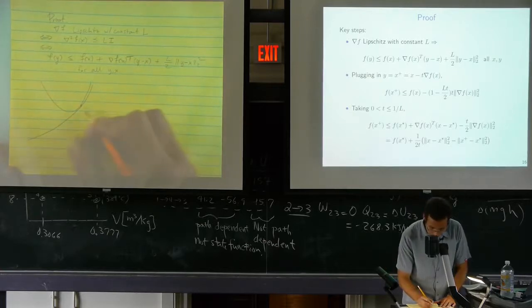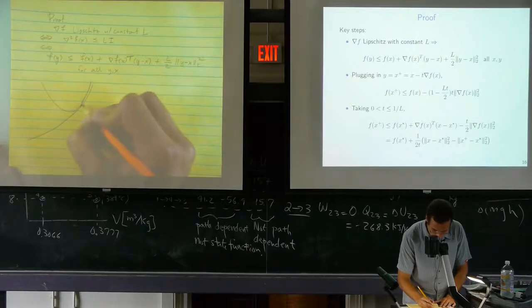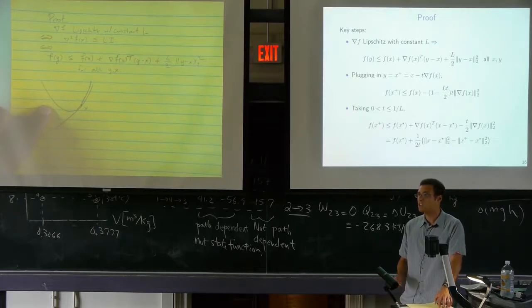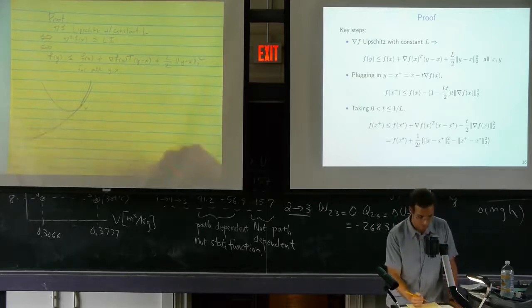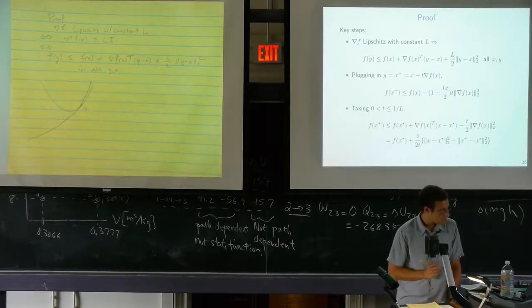Maybe this point here is x. I make a quadratic expansion, and the multiplier of y squared here, if this is a univariate quadratic, is L. And this upper bounds the function everywhere. So this is x, and this is the quadratic expansion, and it's bigger than our function.